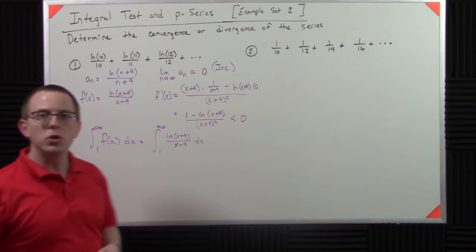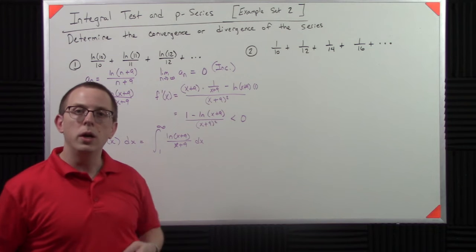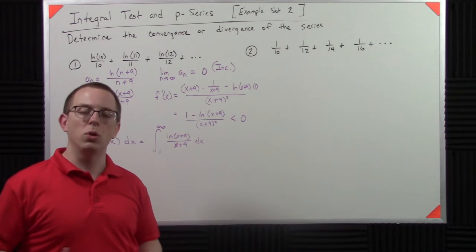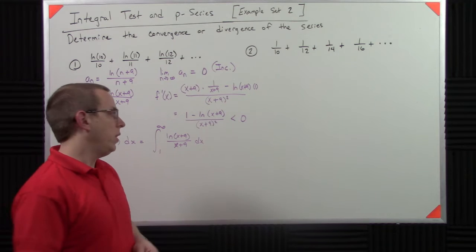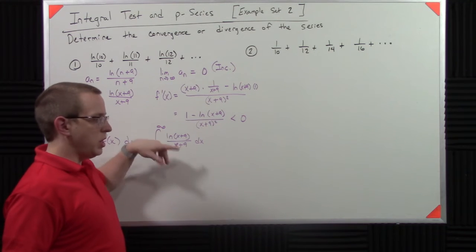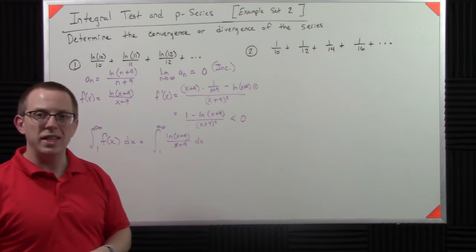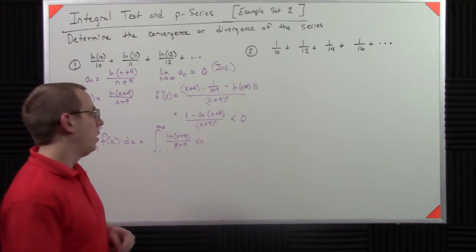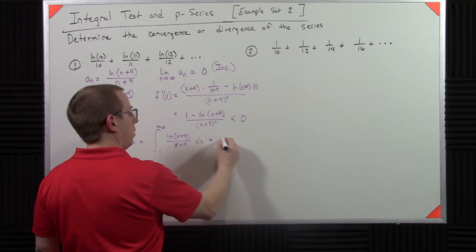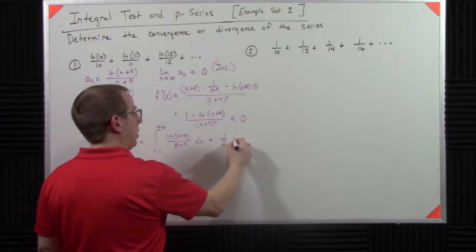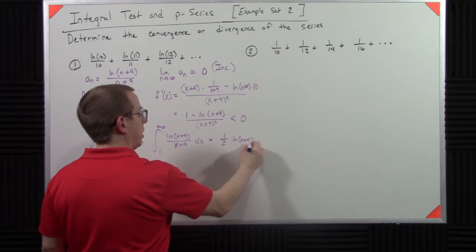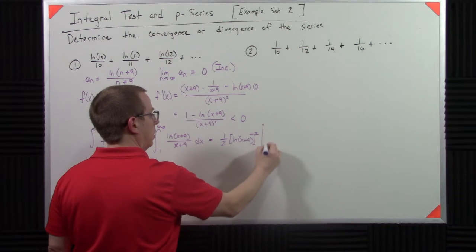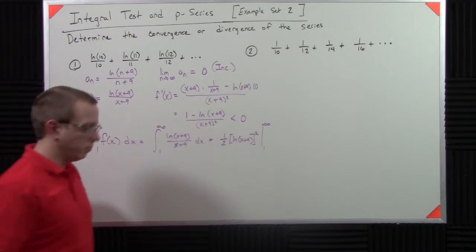So using some u substitution here, you'd take u to be the natural log, u equals natural log of x plus 9, and then du would be 1 over x plus 9 dx. And so you would end up with 1/2 natural log of x plus 9, squared, from 1 to infinity.